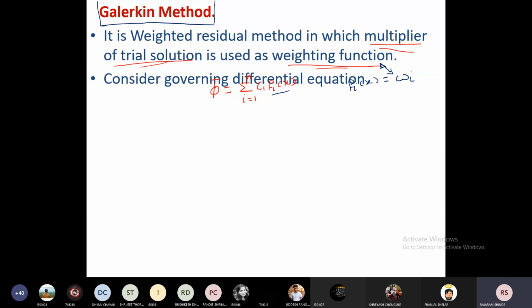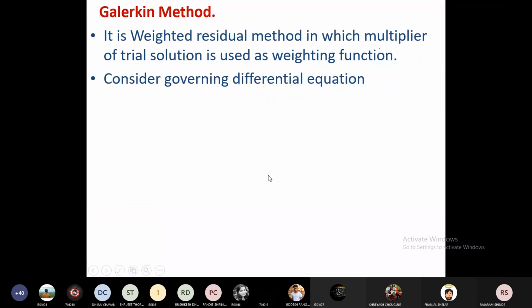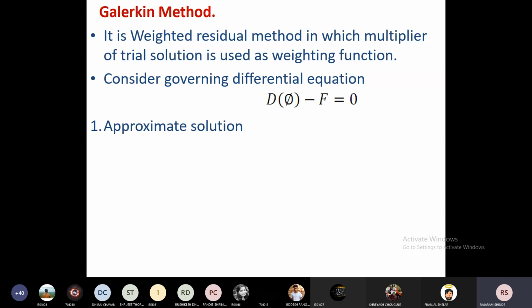Next, again I will show you by considering the governing differential equation, the same type of governing differential equation. The first step in the Galerkin method is to approximate the solution. It is the same as the weighted residual method, because this method is a weighted residual method. Therefore, the first step in the Galerkin method and the weighted residual method is the same. We assume the trial solution as phi bar, the summation of ci fi x.